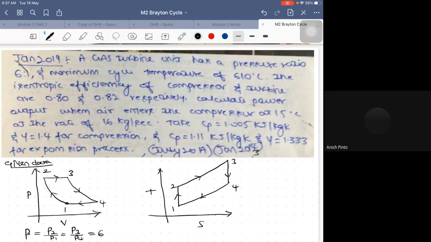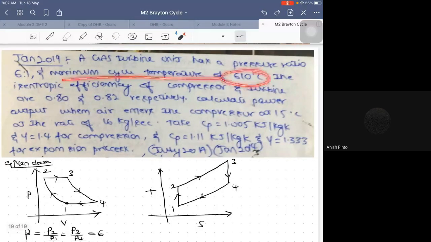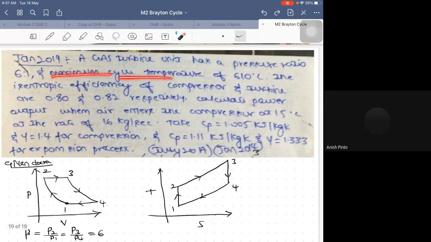So next, the maximum cycle temperature. So he's talking about the temperature. Maximum cycle temperature is 610 degrees Celsius. He has given. Now, which temperature is that? Is this T1? Is this T2? Is this T3? Or is it T4? Which one is that? He says maximum cycle temperature is 610 degrees Celsius.